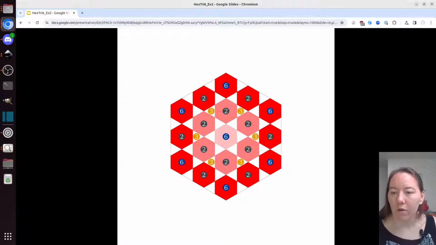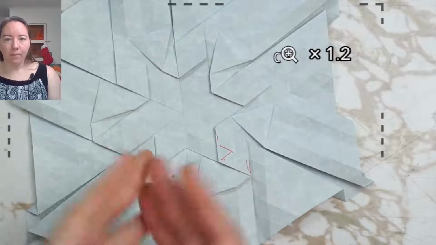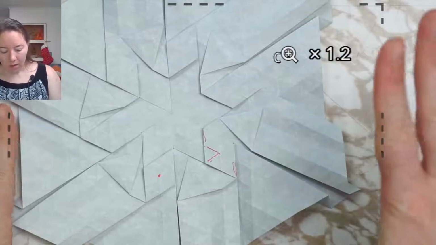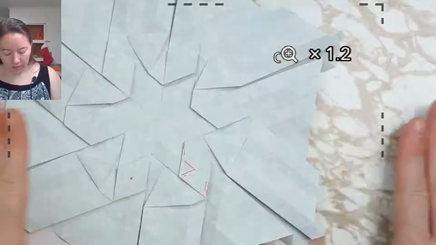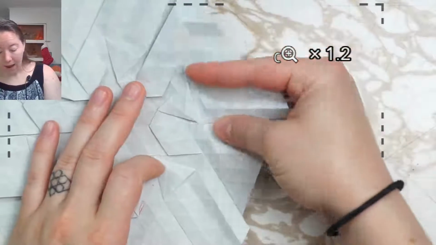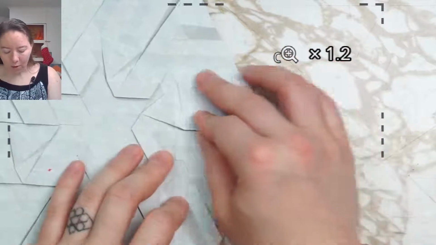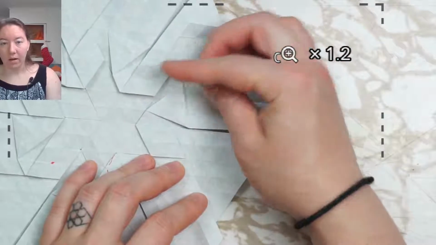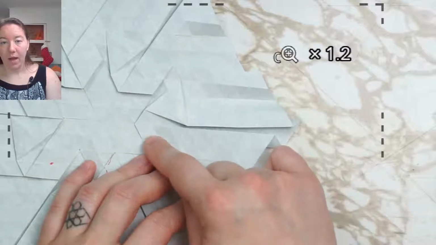Coming back to the folding, we can go ahead and do this directly without looking at the crease pattern by saying, okay, first I have a set of parallel pleats. And on this set of parallel pleats, this one is coming from a hexagon, this one is coming from a triangle, this one is coming from a hexagon.